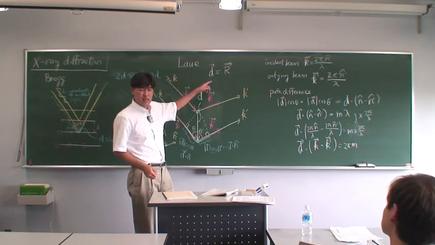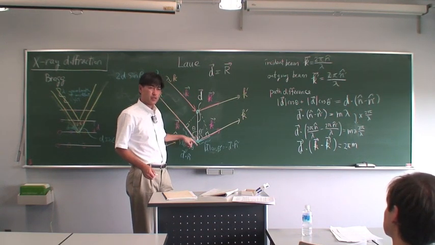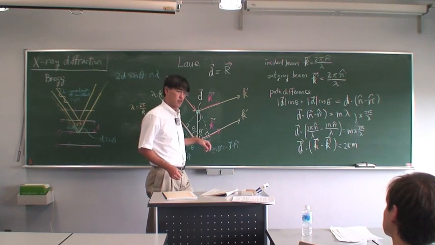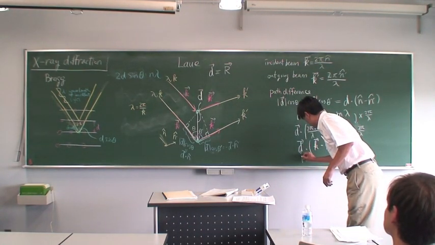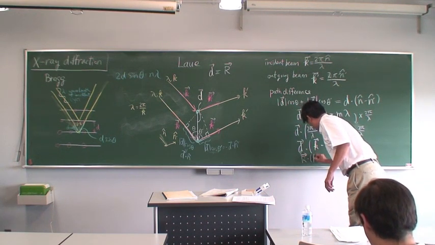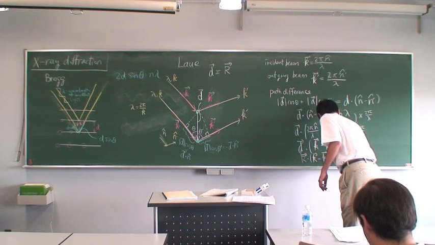It's a translational vector between Bravais lattice points. So it is just a translational vector of the Bravais lattice, and k minus k prime dotted with it equals 2 pi m.